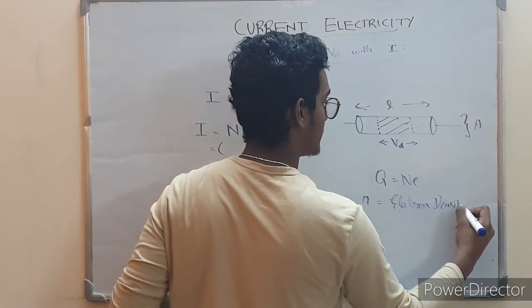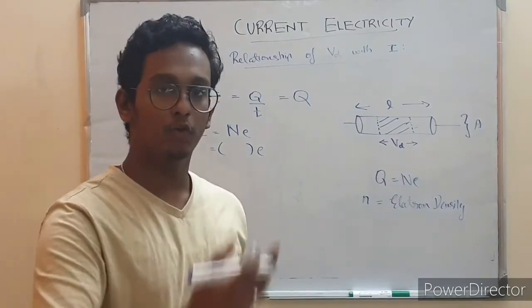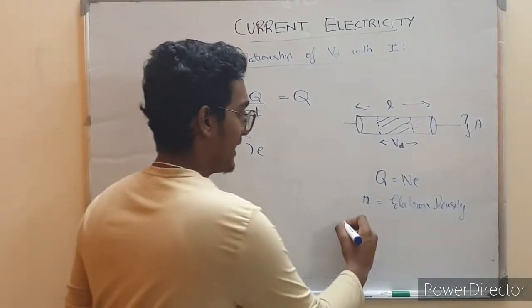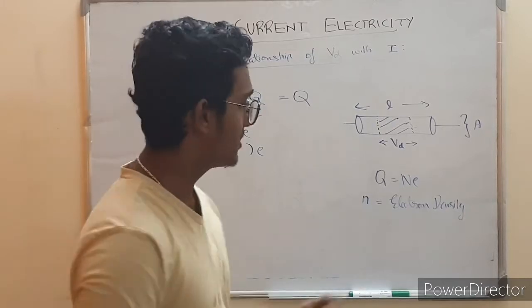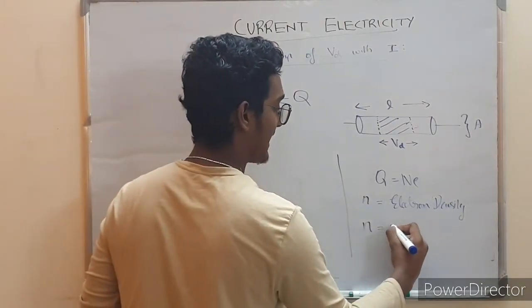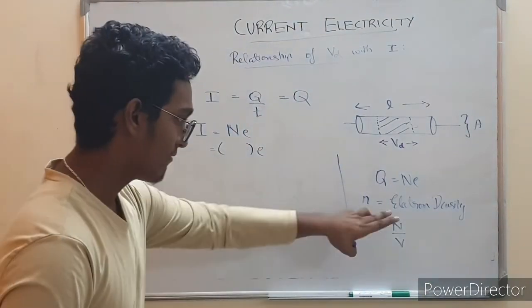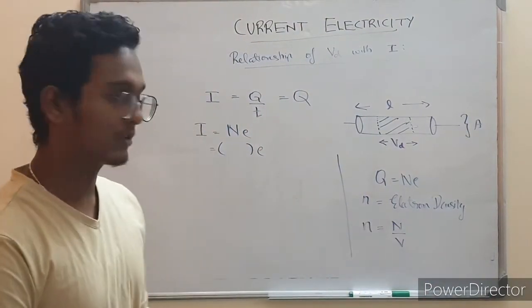Now again, this is a density term, but this time it indicates per unit volume. So n is equal to capital N divided by volume, where capital N is the total number of electrons.